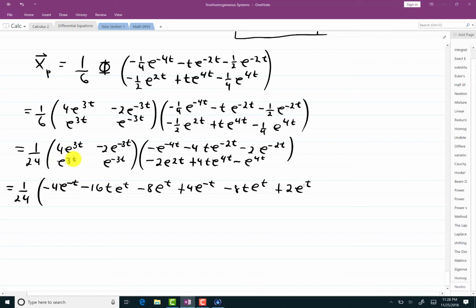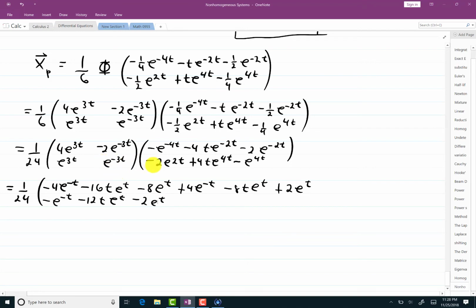So I'll start with e to the 3t times negative e to the negative 4t will be negative e to the negative t. And then I'll have it times the next thing, negative 12t e to the t. And then I'll have minus 2e to the t.